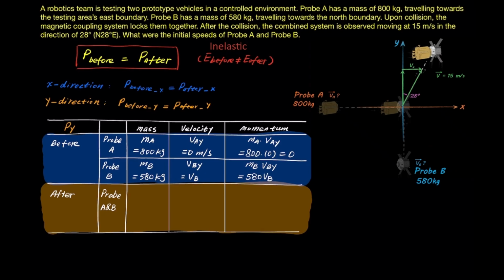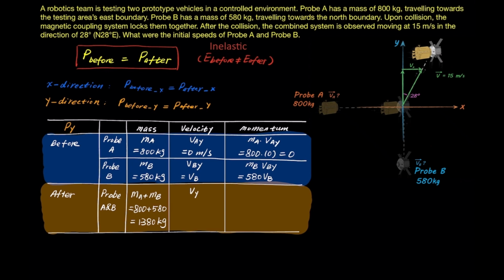Now after the collision, the final mass is the same as before, which is ma plus mb, which equals 800 plus 580 kilograms. So the combined object's mass is still 1380 kilograms. Next, we need to find the final velocity's y component, Vy. Let's look back to our right-angled triangle.